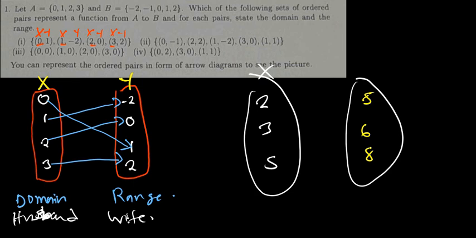It is possible that all these values can just go to 1. That is a function, because we are saying that this is a man, this is a husband, this is a wife, sorry.